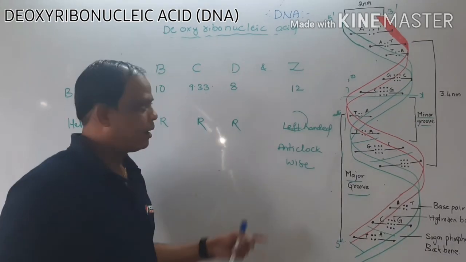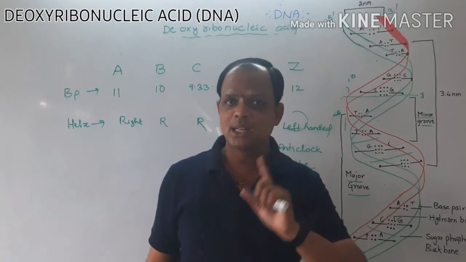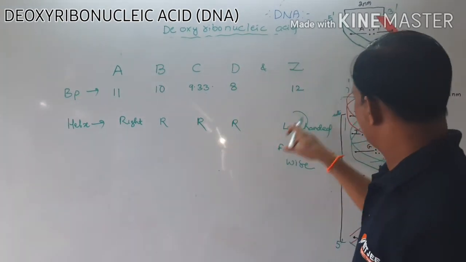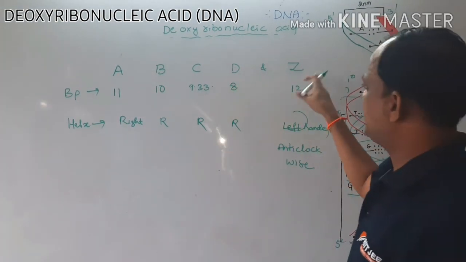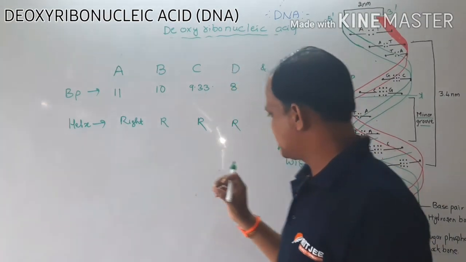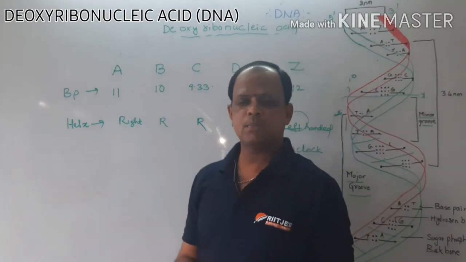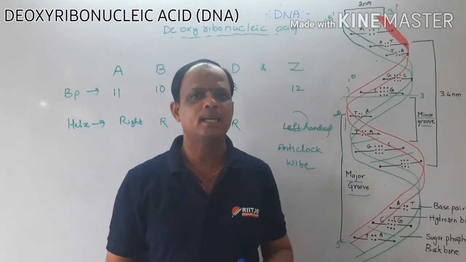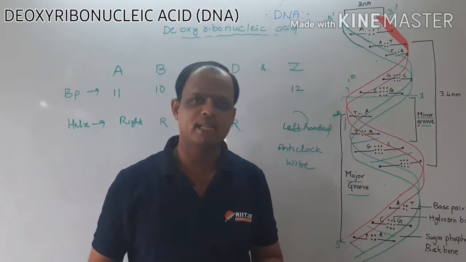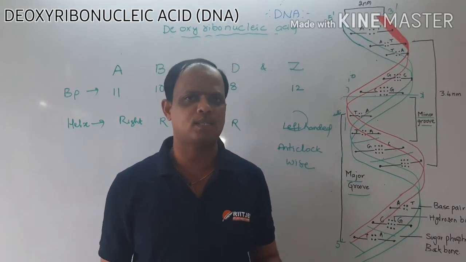These are the main types of DNAs present: A, B, C, D and Z DNA. Okay, this is the molecular structure of DNA. In the next class we will discuss the replication process. Thank you.